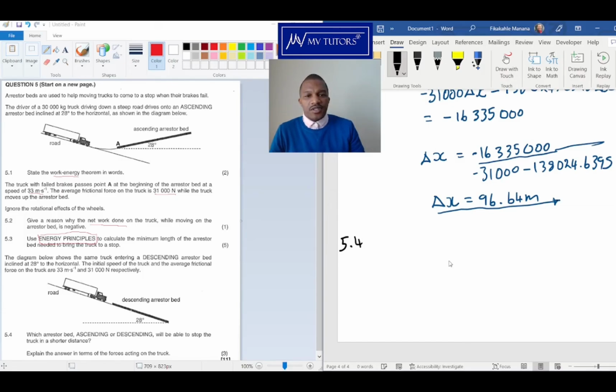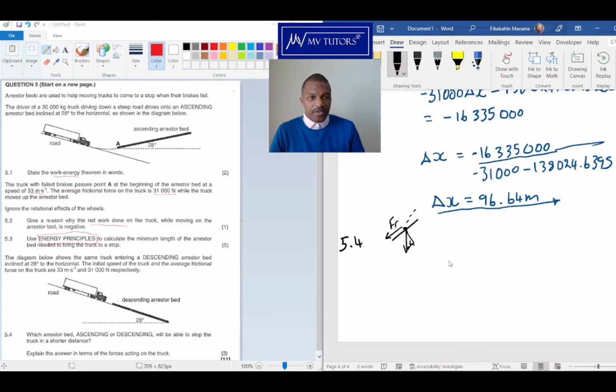We've established under scenario 1, when it's ascending, that you've got the weight, because motion is going that way, then you've got friction going that way. And then also this component is going that way.